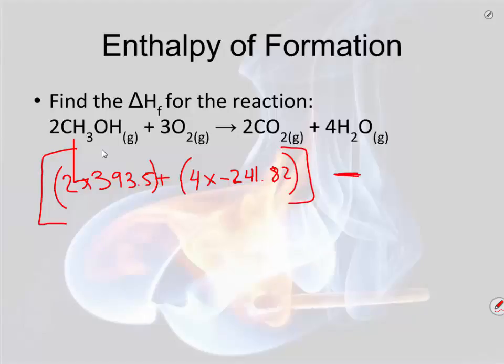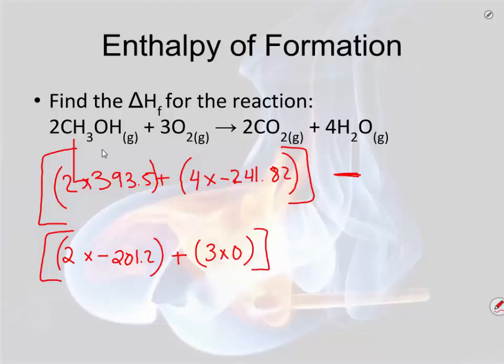So we want to look for methanol, 2 times negative 201.2, plus oxygen, O2 gas, which is 0, easy one.